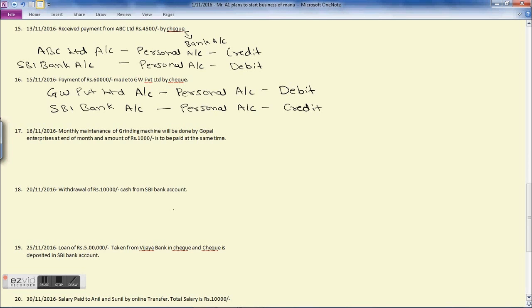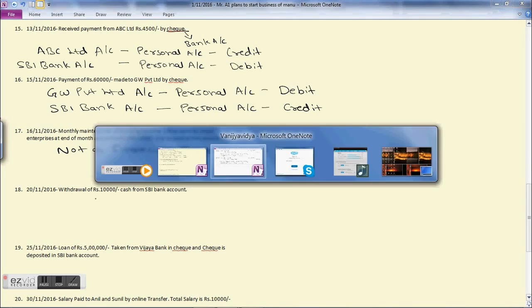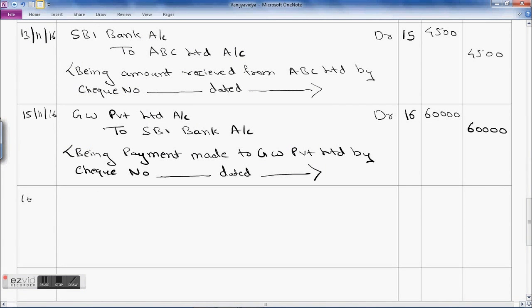So as of 16th November, there is no financial obligation, right? Only the contract is signed, so it's not a financial transaction, correct? So for entry number 17, that is 16/11/2016, there is no entry.